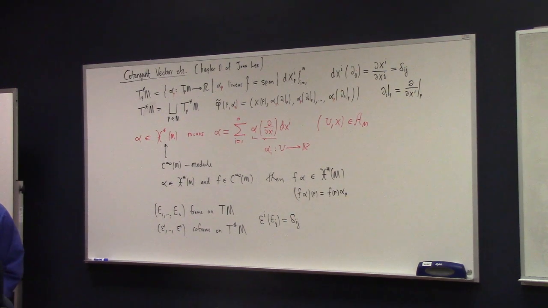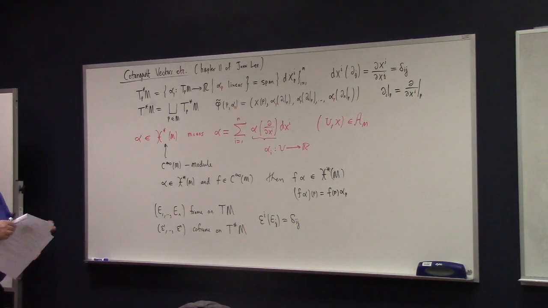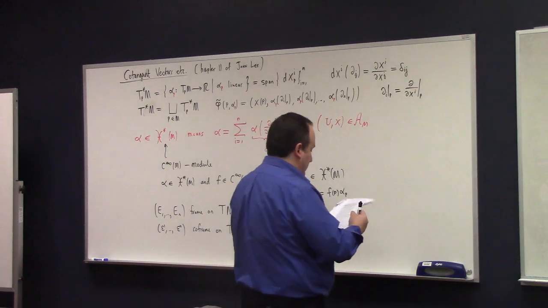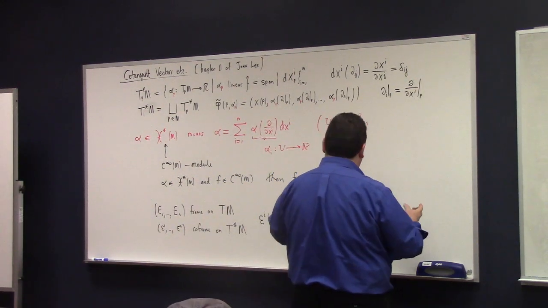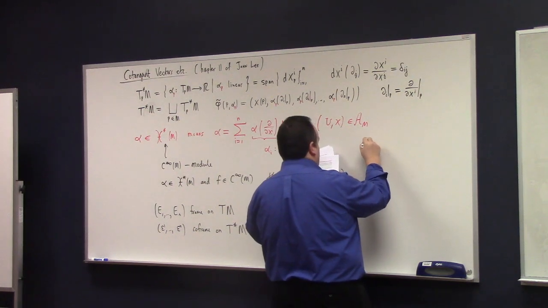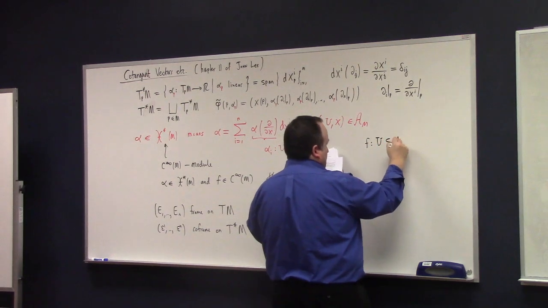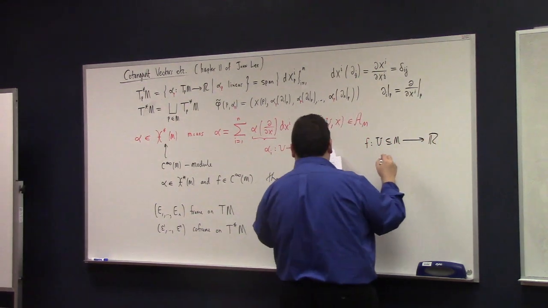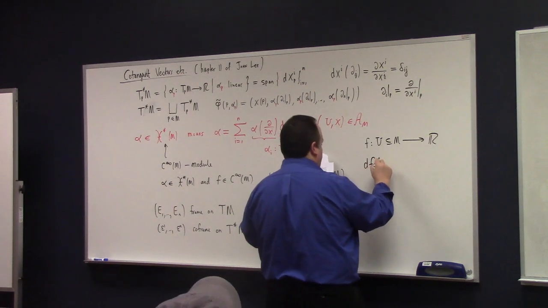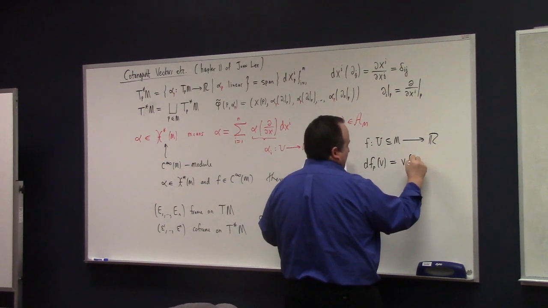Now, this led us, not necessarily in this order, to define the differential of a function. So this was a big deal. If we've got a function from, let's say, U, a subset of M, to the reals, then df_p of v is simply equal to v[f]. I like to write brackets; he just writes vf.